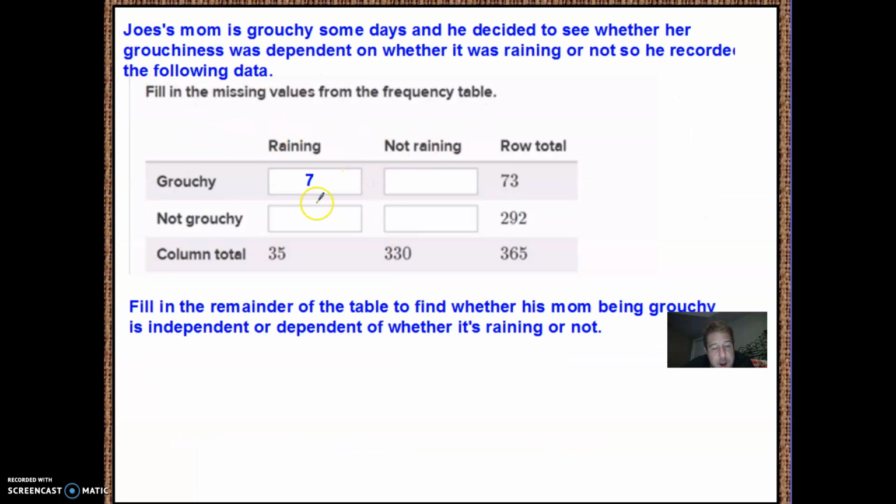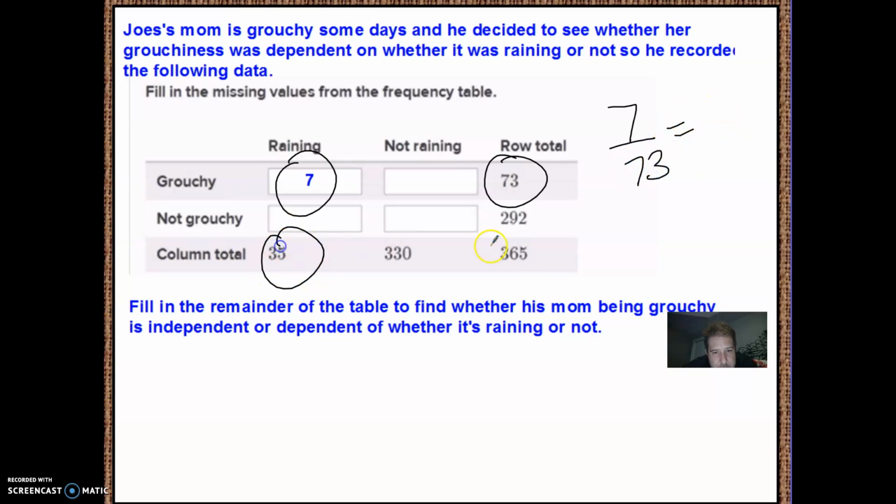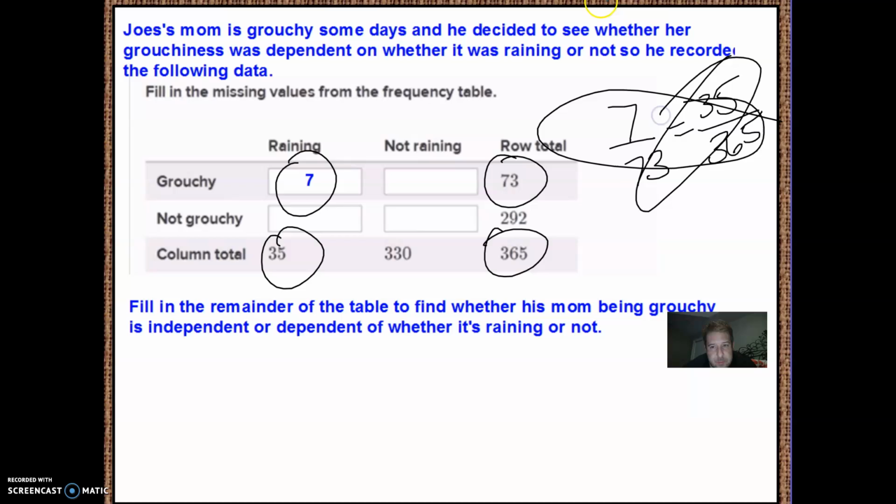We want to prove whether or not these are independent or not, and we don't want to figure out these boxes. So one way to do it is to go 7 over 73 and see if that's equal to 35 over 365. Well, you could use a proportion, just simply cross multiply.